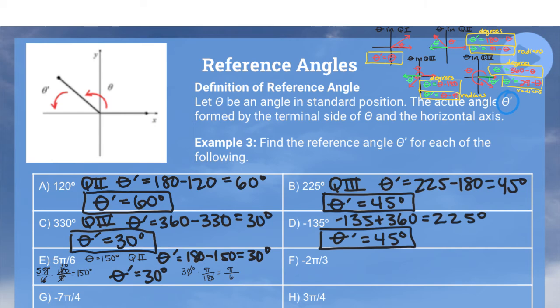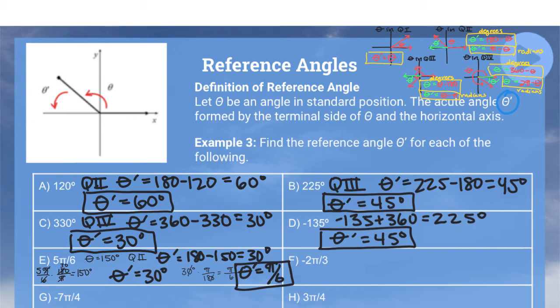And that would mean that our theta prime is pi over 6. And I know that was extra work with converting to degrees and then converting back to radians, but if you have a hard time visualizing radians, the extra work is worth it.